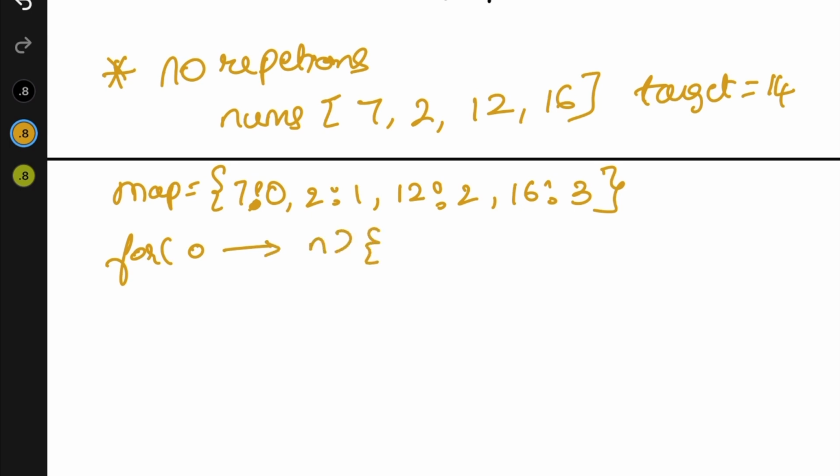And then let's assume this is our first iteration. We are calculating the complement, which is target 14 minus array of I, this 7, which is going to give us 7.